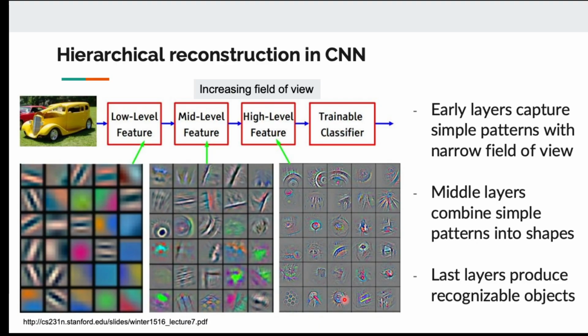It can identify the headlights, the bumper, and the wheel. So at the deeper part of a convolutional neural network, people found that it's able to reconstruct objects or patterns that are required to classify something as a car.